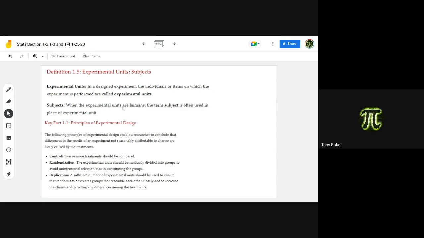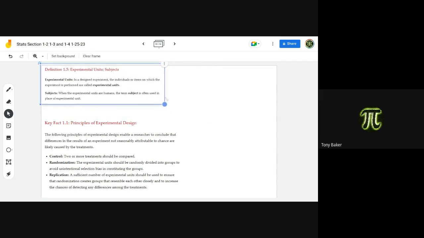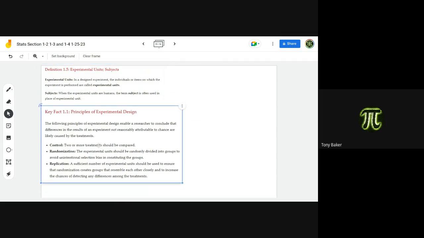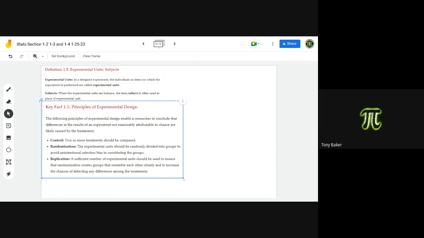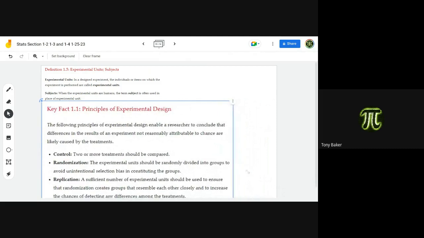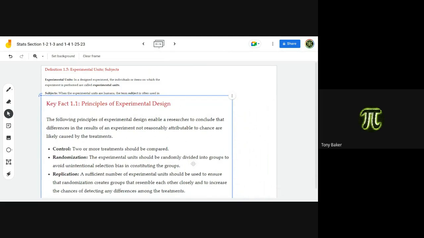Whenever you're setting up an experiment, there are a few things that you need to make sure of. The first one is the control. Whenever you're trying to determine if something is working, you need to have a group that doesn't have any change in it.